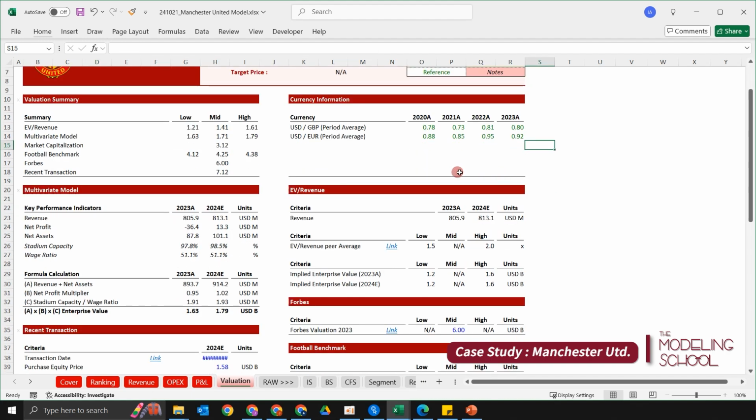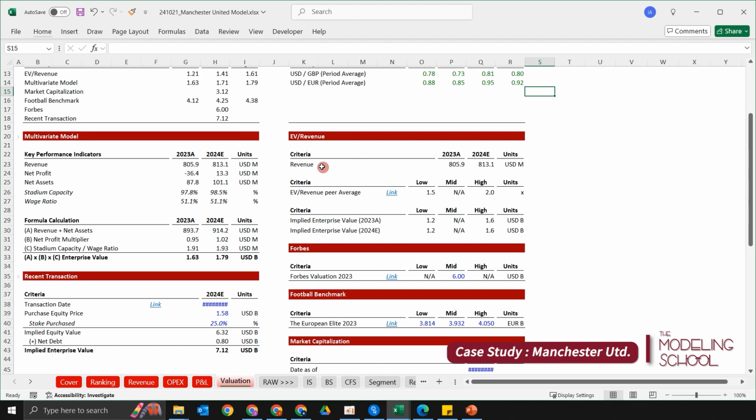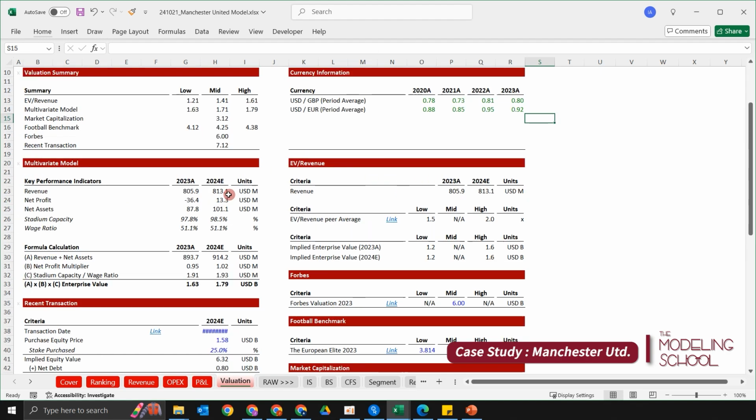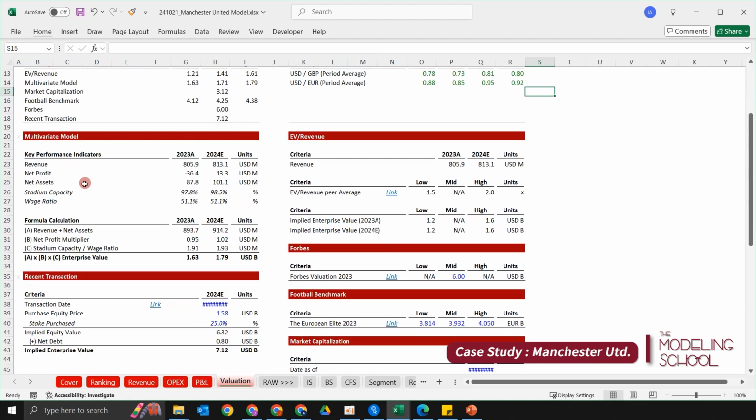And I think everything else is quite straightforward, but one very interesting valuation technique would be the multivariate model. We did analyze a paper on the valuation of football clubs, which we will also share in our full-scale lectures later on. But the paper states that the enterprise value of a football club consists of 3 parts.